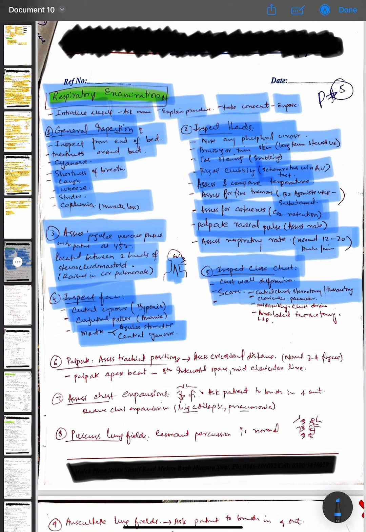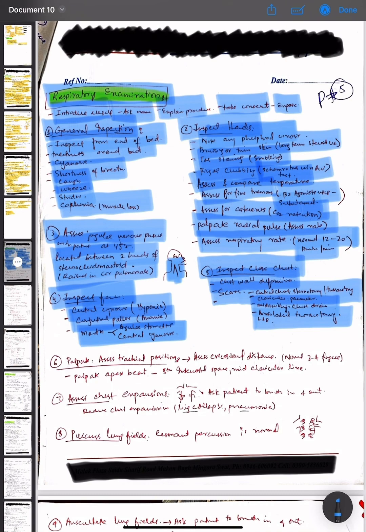Then below the clavicle, you have to check for pacemakers if there are any. At the axillary line a chest drain is done, and on the left and right lateral chest a thoracotomy is done. These are the common surgeries that are done through the chest, so you have to look for all of these. At the central chest, sternotomy or thoracotomy. At the axillary line, chest drain is done.